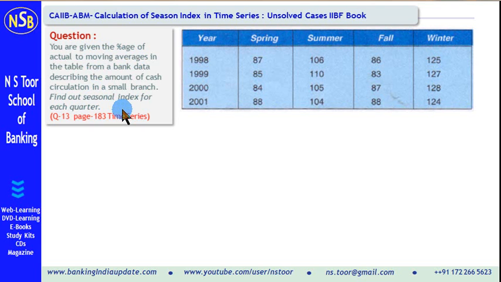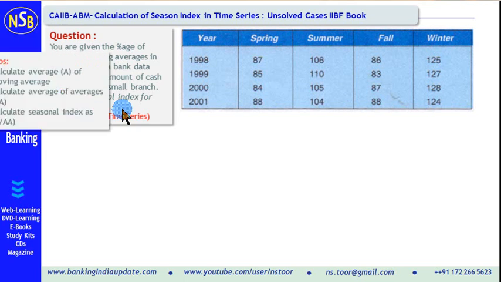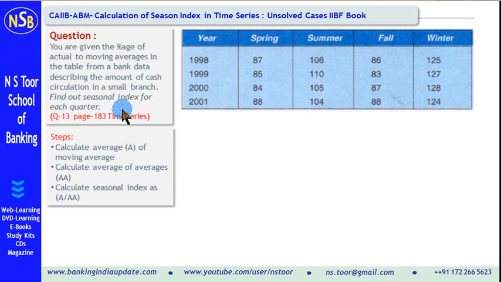Friends, this is one of the simplest questions to be answered in time series analysis. Now how are we going to proceed? First, we shall calculate the average of moving averages. We are given moving averages here. First of all, we shall calculate the average thereof.